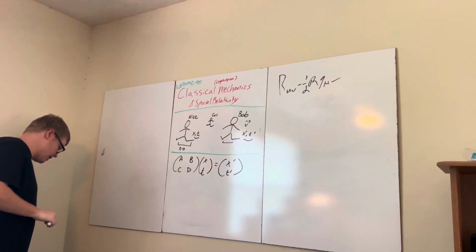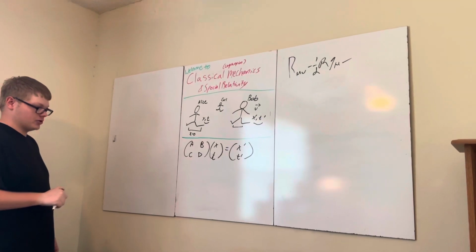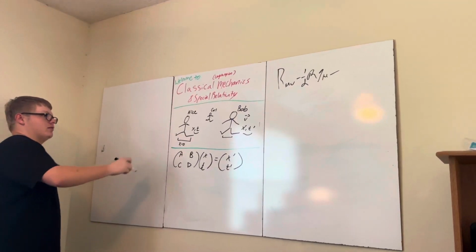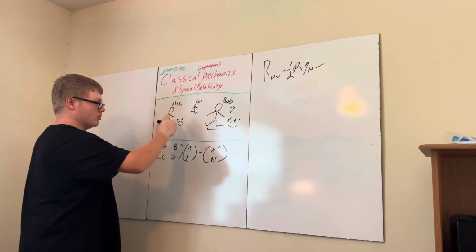The second thing is a different postulate of special relativity, which says that if Carl's moving at the speed of light, Alice and Bob will both agree that he's moving at the speed of light.